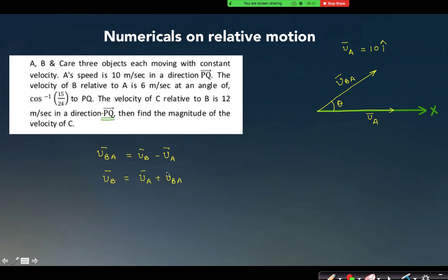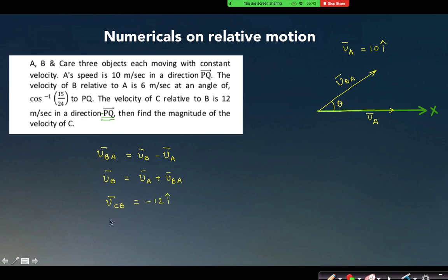Both are given in your question. In a very similar way, it is given that velocity of C with respect to B is minus 12 i cap, as it is along minus PQ.